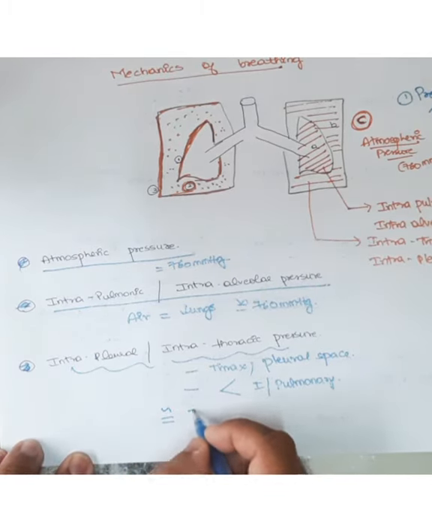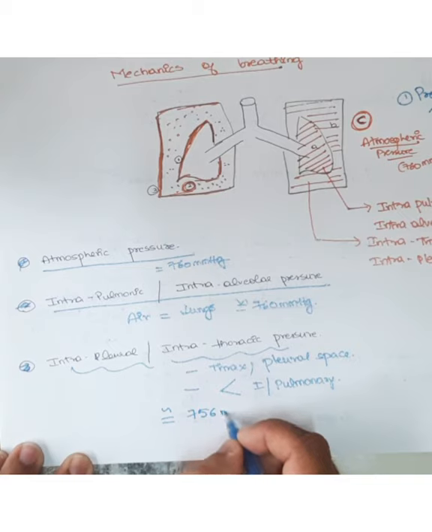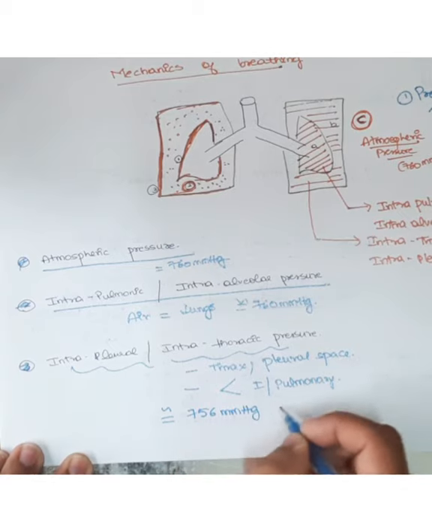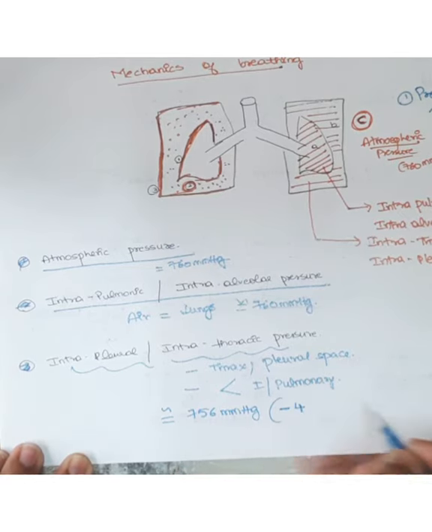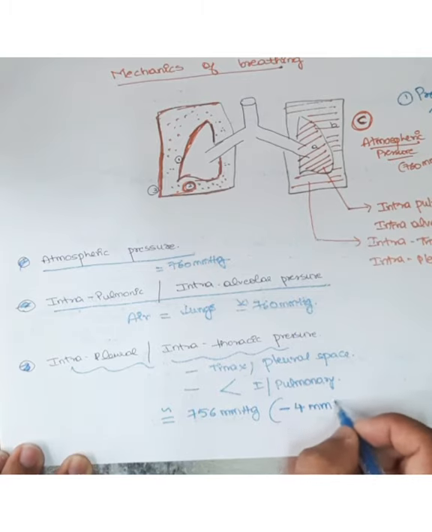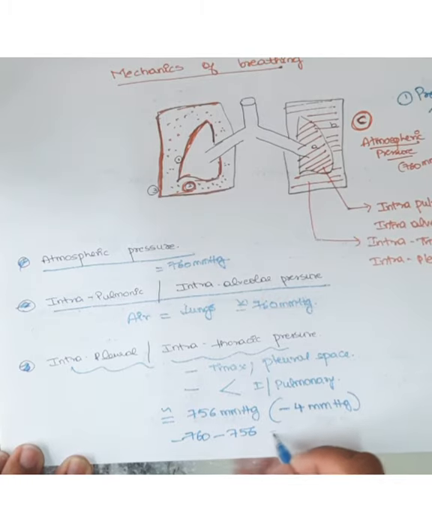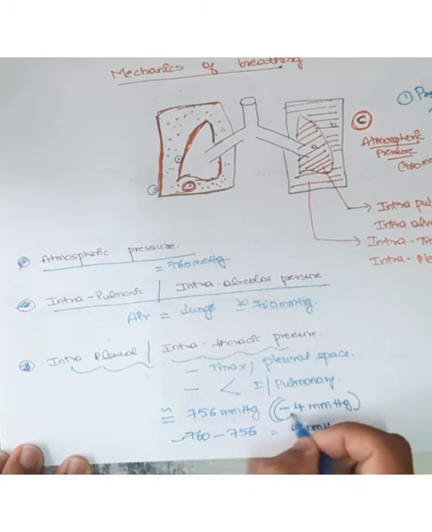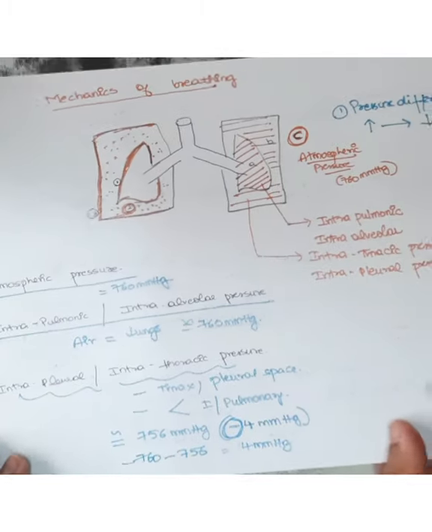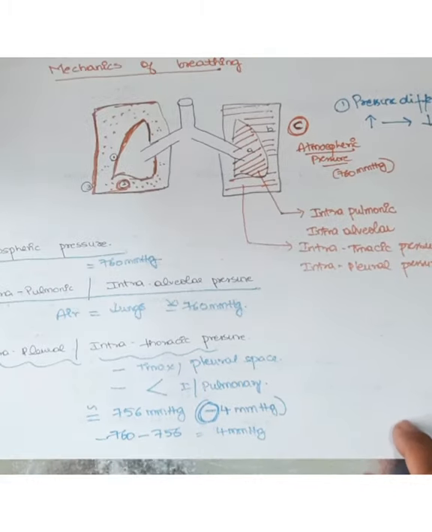It is 756 mmHg, or it can also be represented as -4 mmHg. How did I get this? 760 minus 756, or 756 minus 760, that is equal to 4 mmHg. So why we have a negative pressure, the minus here, has to be understood.